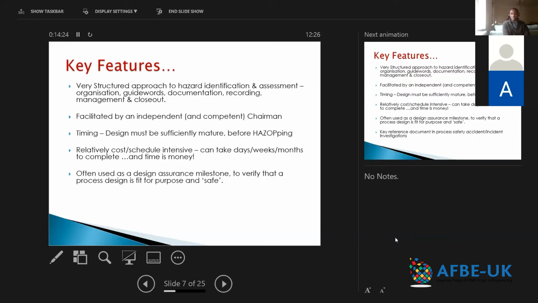So that's what a HAZOP must do. It's a very, very major milestone when you are doing your design assurance at the end of a design phase.